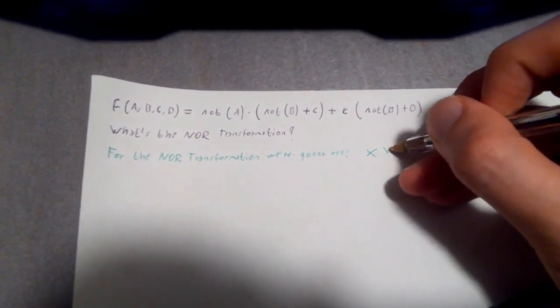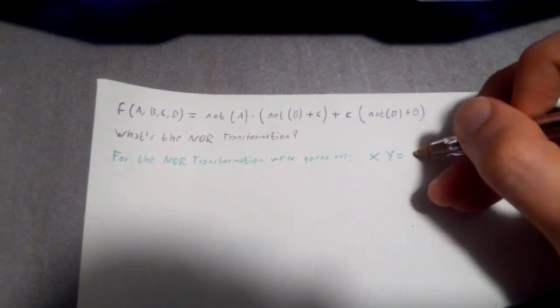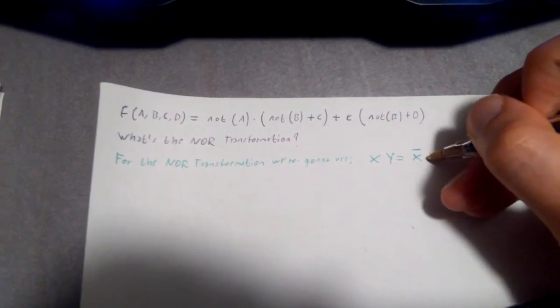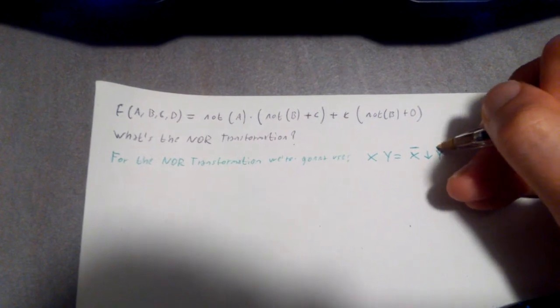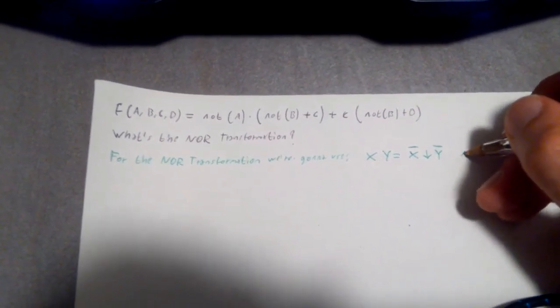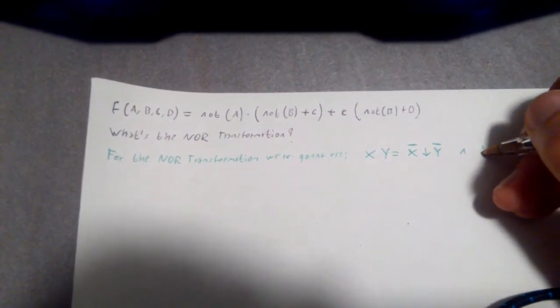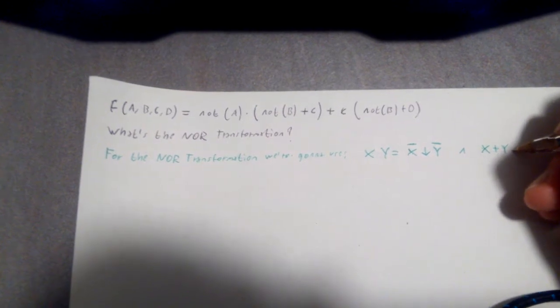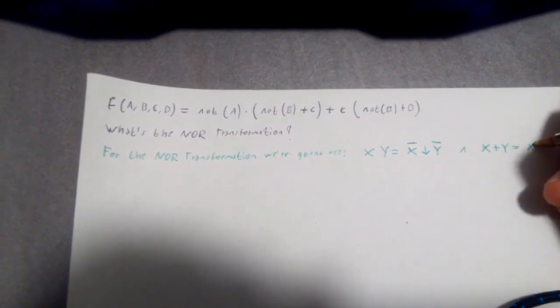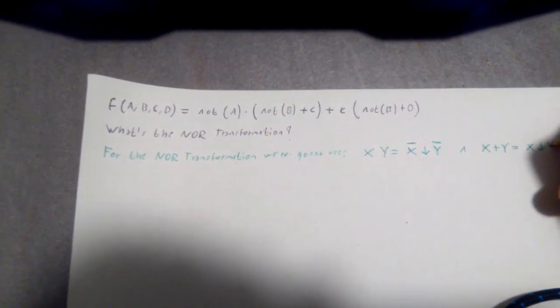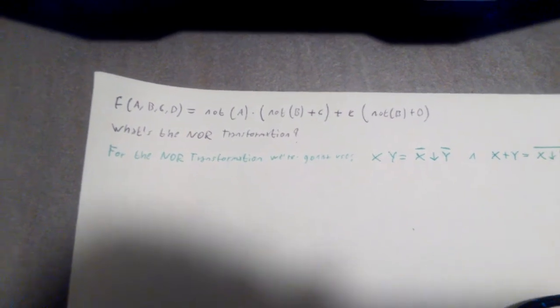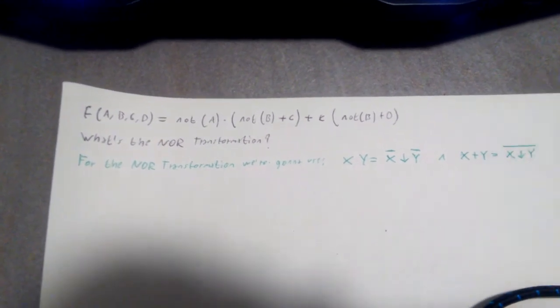X times Y is like saying not X NOR not Y, and X plus Y is like saying X NOR Y with a not all above.